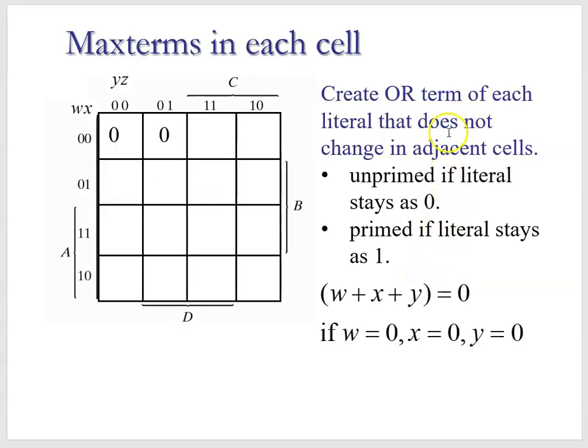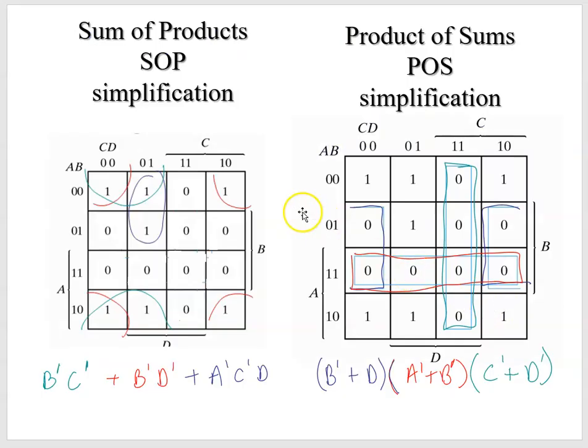So we create the OR term of each literal that does not change in adjacent cells. It's unprimed if the literal stays as 0. It's primed if the literal stays as 1. So again, w or x or y is equal to 0 if w is equal to 0, x equals 0, and y is equal to 0. So let's just take a look at these. This is the same Karnaugh map.